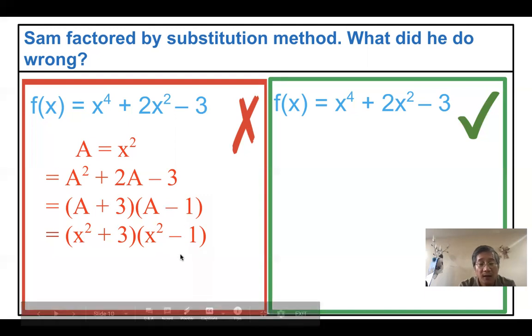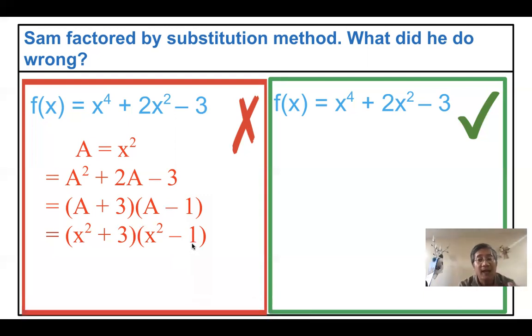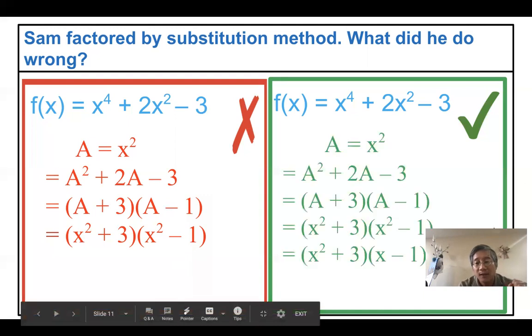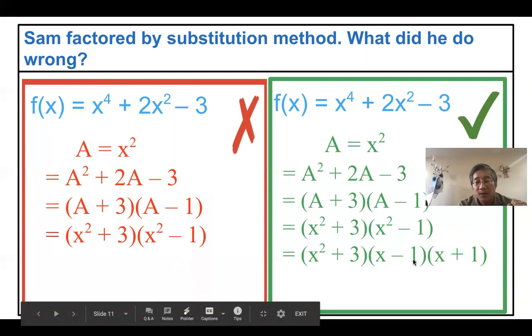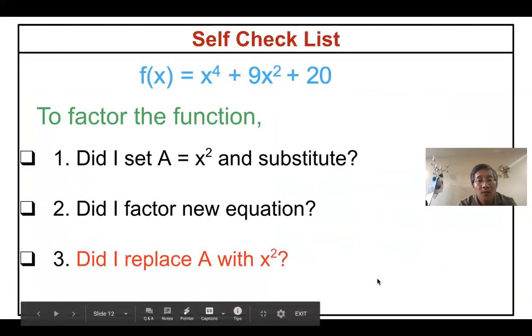You can factor this one. So you shouldn't stop here, right? That's the error. So if you continue, what happened? X minus 1, x plus 1. You can factor x squared minus 1 like this. All right?